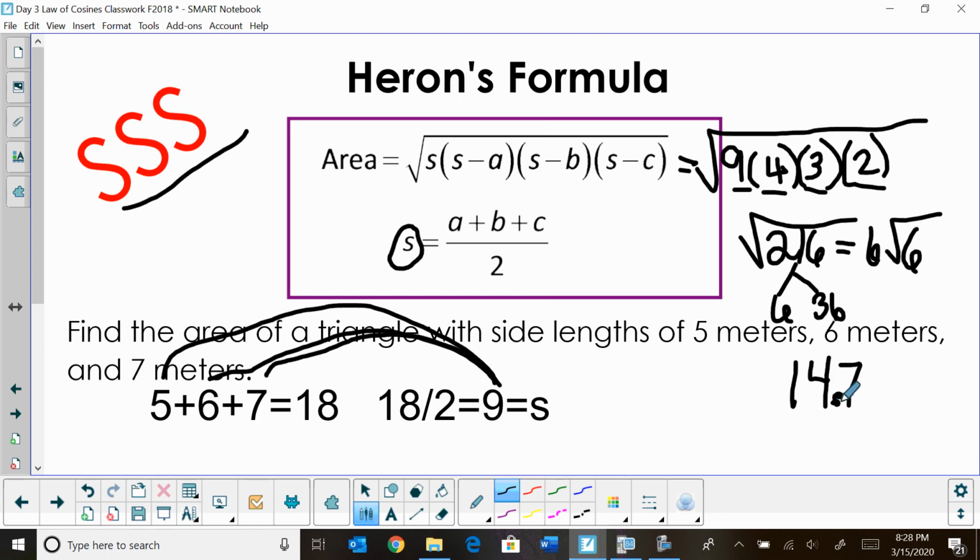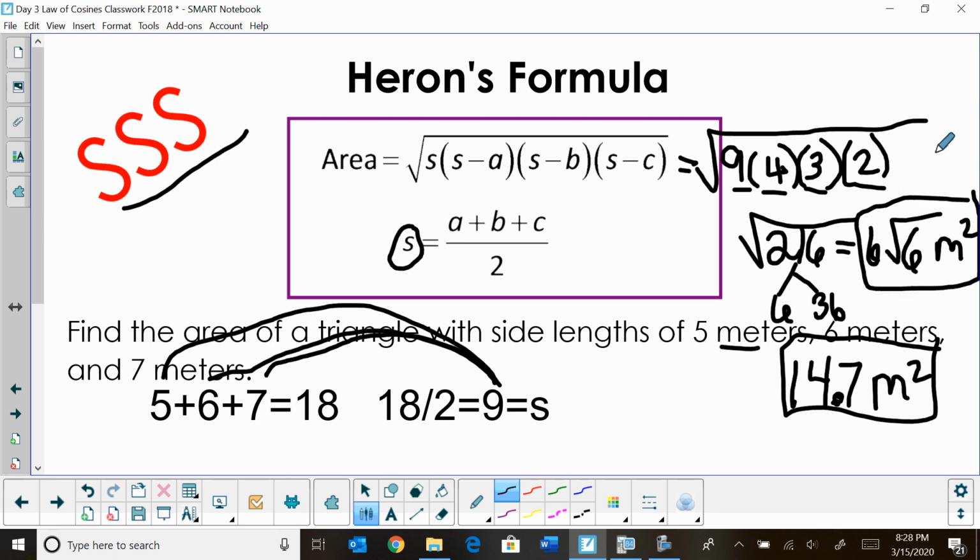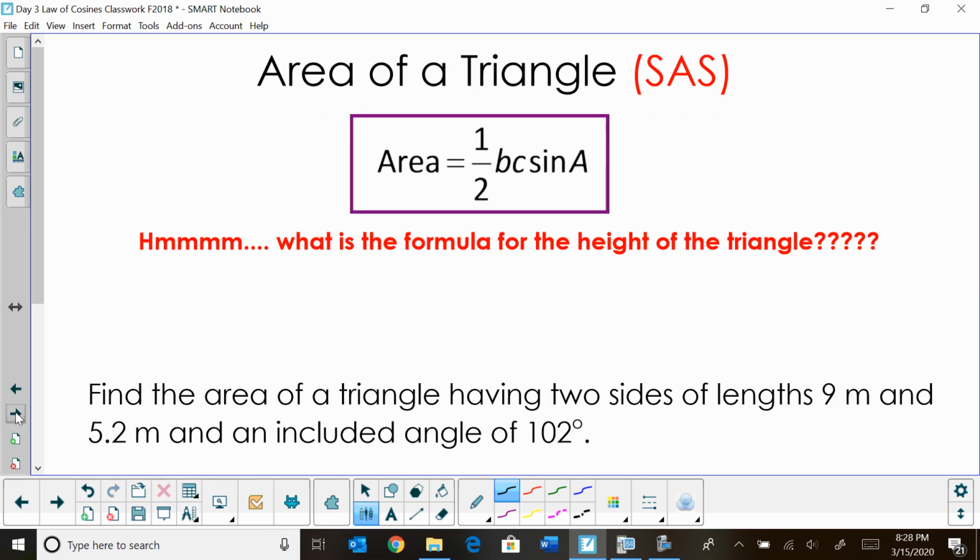And this is an area, so we have to think about the unit measure. That's going to be meters squared. So it's 14.7 meters squared, which would be 6 root 6 meters squared as an exact value. Exact values have radicals in them, and of course, we rounded our decimal off, so that is our estimated answer. That's how you find area with sides.